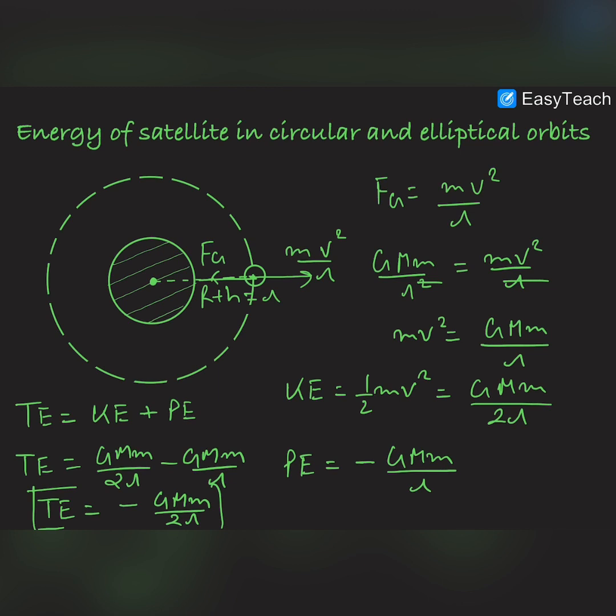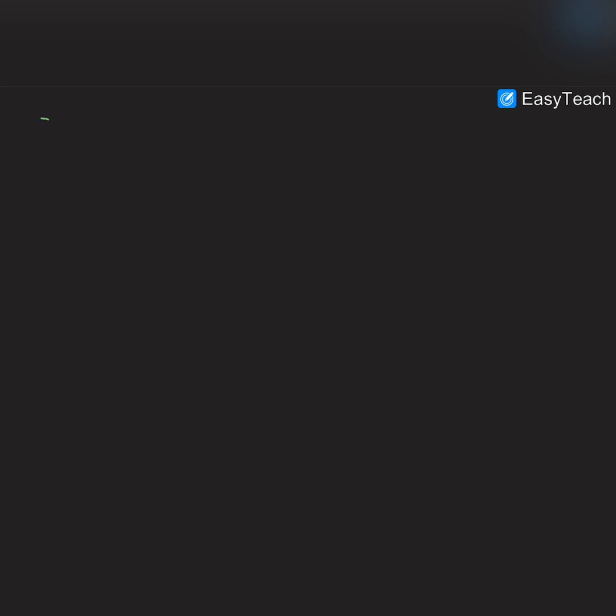Now you can see that the total energy is minus GMm by 2r, and the kinetic energy is GMm by 2r.